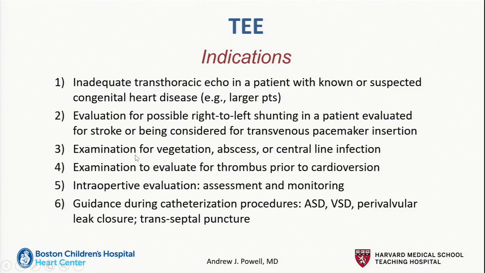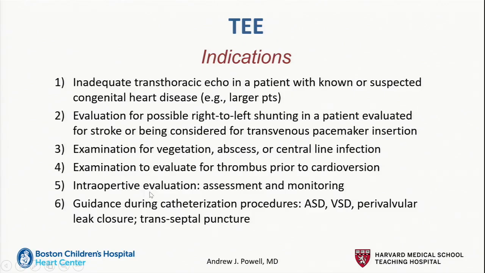Again, number 3, examination for vegetation, abscess or central line infection. The idea behind this is the acoustic access and the picture clarity will be better by TEE and give you better sensitivity to detect these problems than just transthoracic echo. Number 4, examination to evaluate for thrombus prior to cardioversion, same story, better sensitivity.